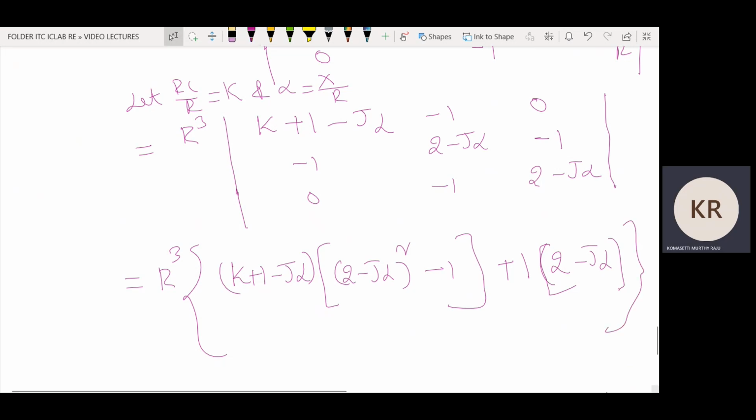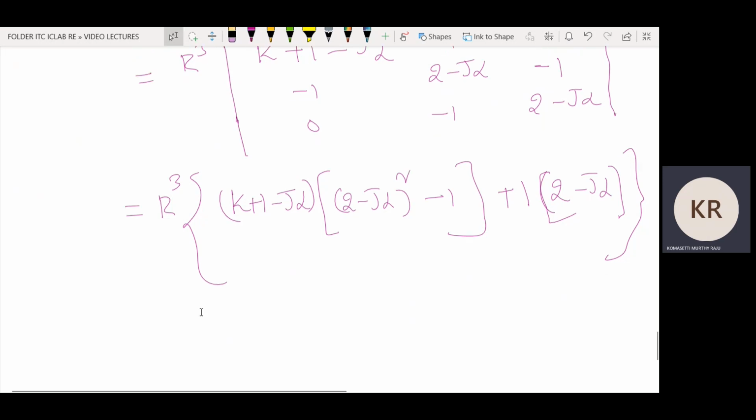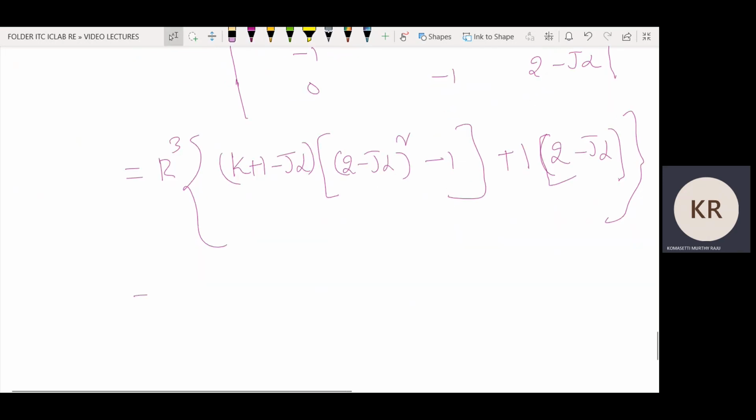Simplify this one. That is equal to R cube, K plus 1 minus j alpha.